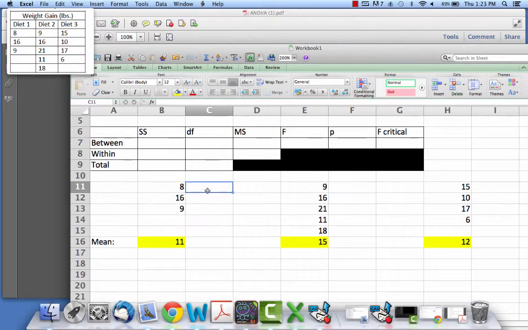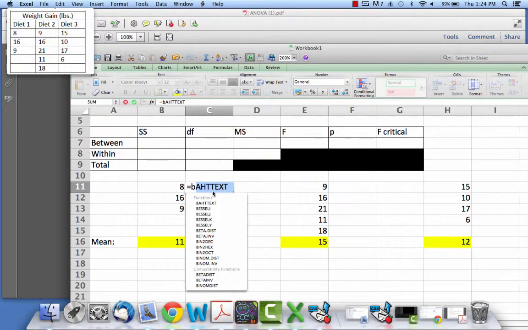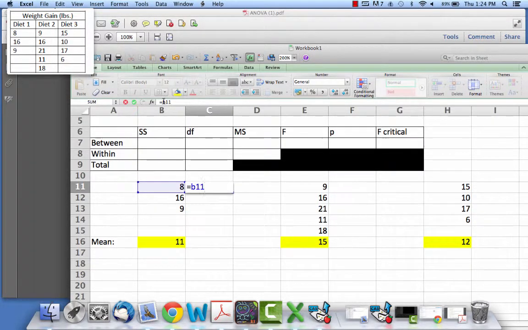All right, so here I'm going to compare this value with that mean there. And it's going to be a sum of squares always, so I'm going to go ahead and square it.